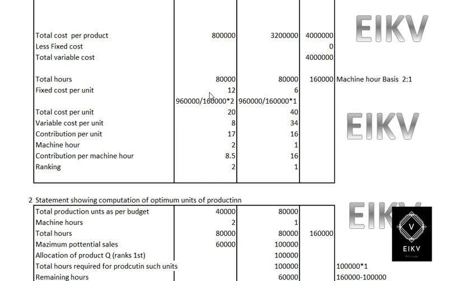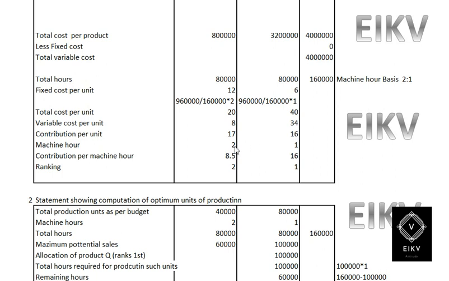So we have computed the fixed cost as 12 and 6, and then we have the total cost as 20 and 40. When we deduct the fixed cost from the total cost, we get the variable cost as 8 and 34. Then after deducting the variable cost from the sale price, we get the contribution as 17 and 16.